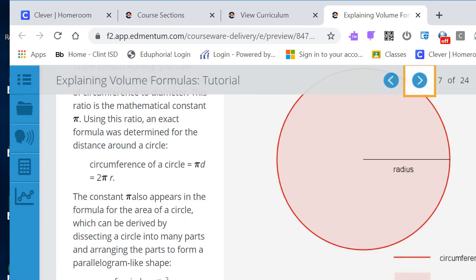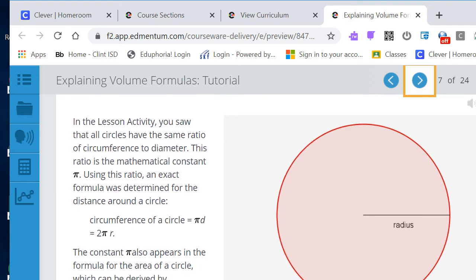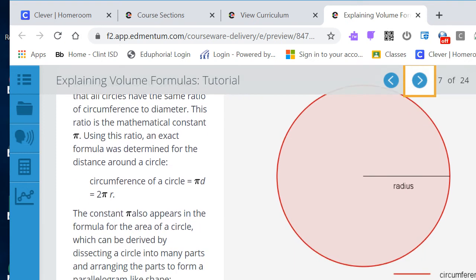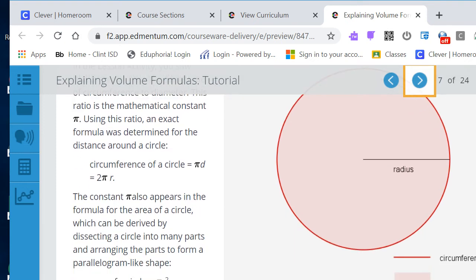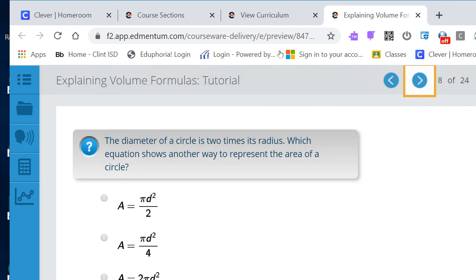Now, when we get to this slide, again, they're giving you a lot of information, so make sure you guys read it. I'm just going to make it a little bit simpler for you for this one. It's just giving us our two formulas, circumference 2 pi r, area pi r squared. Okay, and then it comes to a first question.